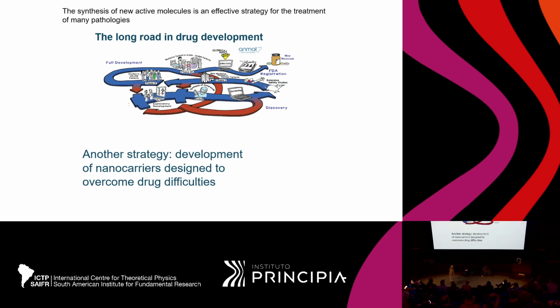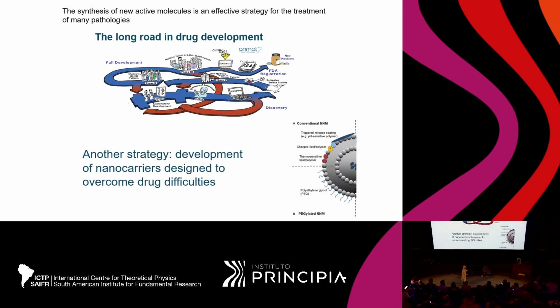Then one strategy is to develop nanocarriers that help the drug overcome the problems it has in reaching the right place. When we talk about a nanocarrier, we can talk about different kinds of nanoparticles. It was mentioned in the talk before: dendrimers, liposomes, solid lipid nanoparticles.